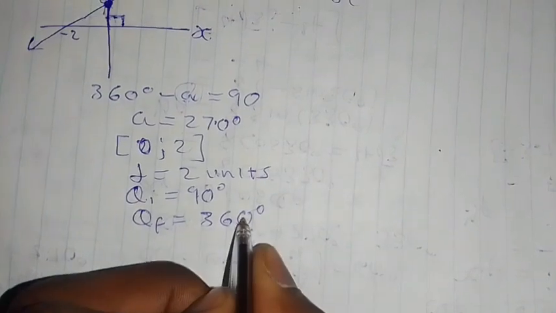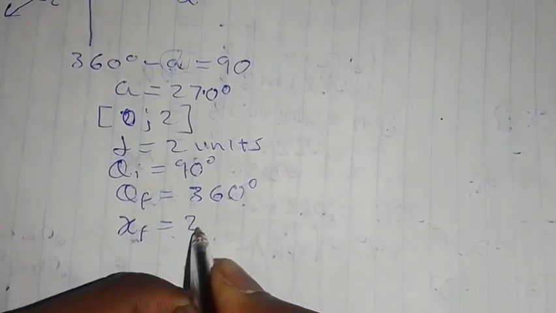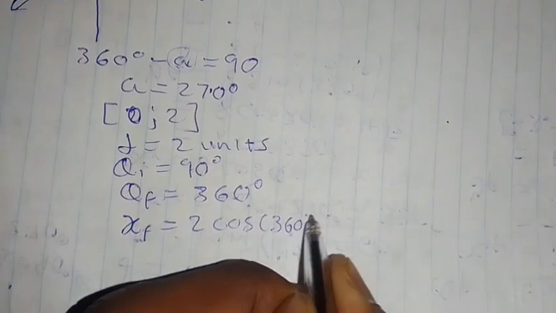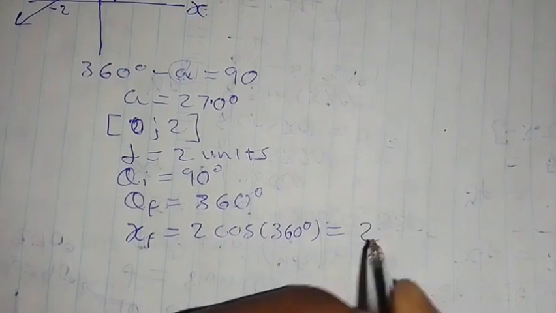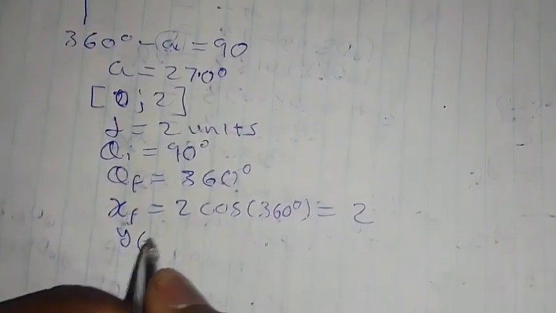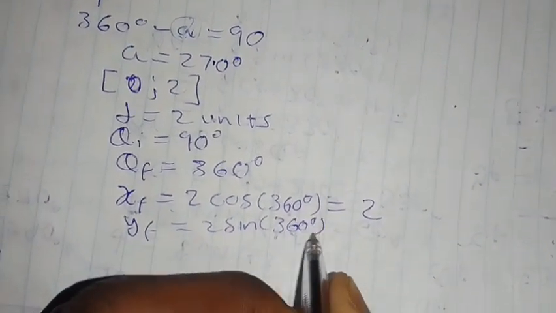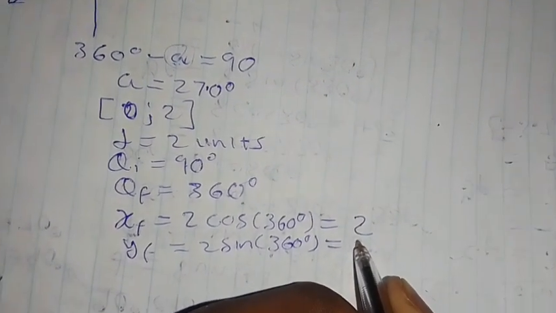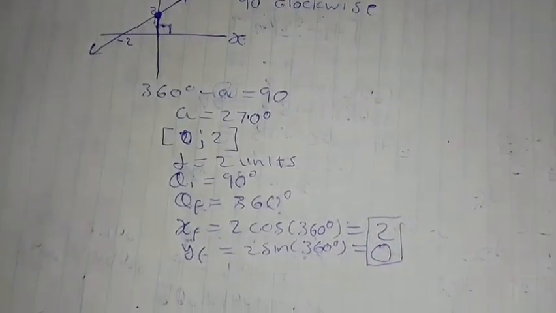Now you're going to find x final, which is the distance 2 multiplied by cosine of the final angle, 360 degrees, which is equal to 2. Now y final is going to be 2 sine 360 degrees, and we know that sine 360 degrees is 0. So 2 by 0 is 0. So you have a new coordinate like this.